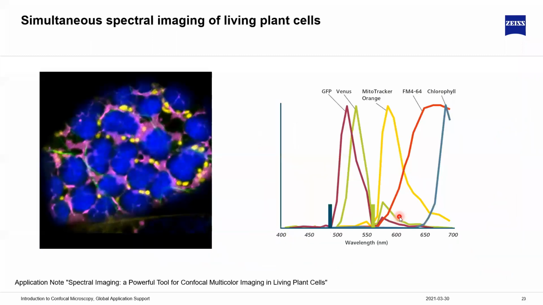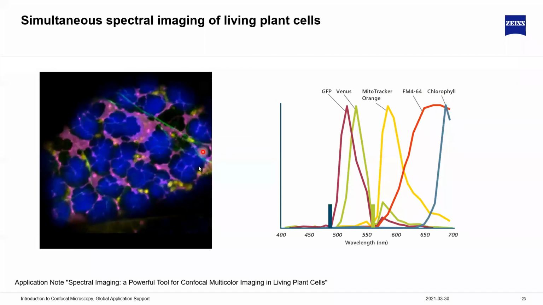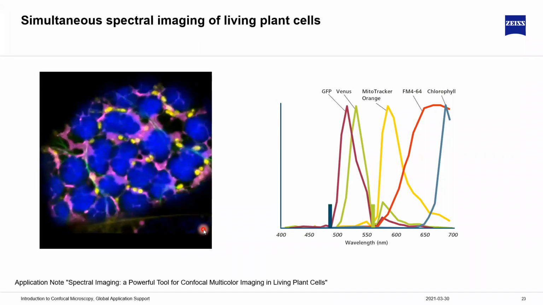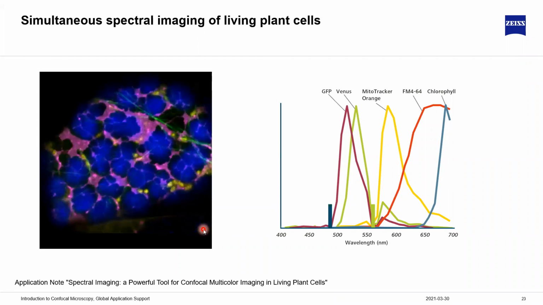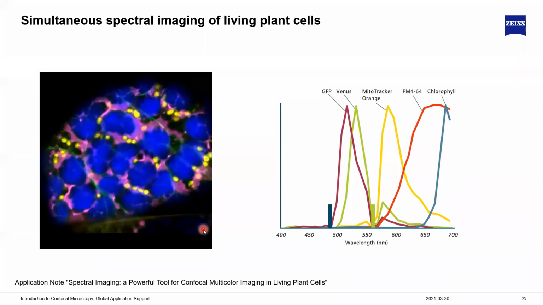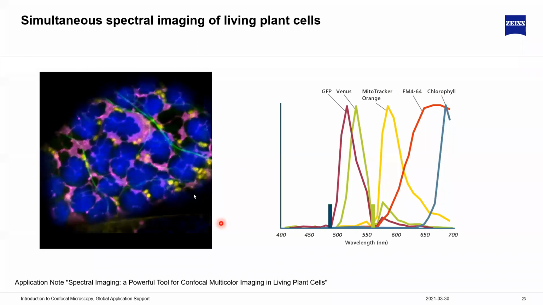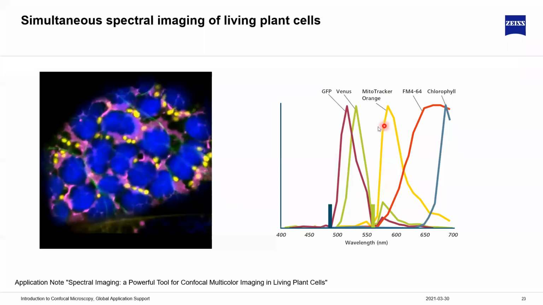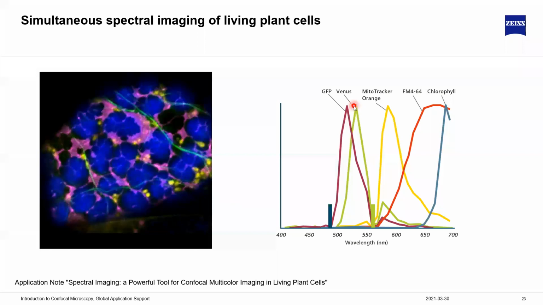Just to give you one example, this was a plant cell. For those of you who are doing plant cell research, you know that imaging plant cells might be very difficult, because plant cells have autofluorescence in chlorophyll. But actually, this plant cell was labeled with four fluorophores, or four labels. You can see it here.